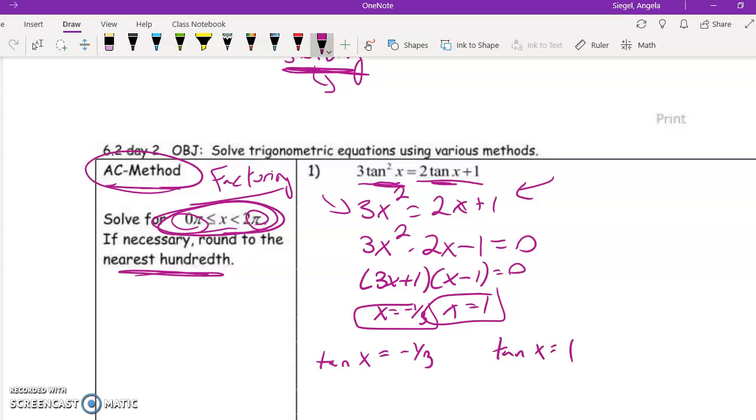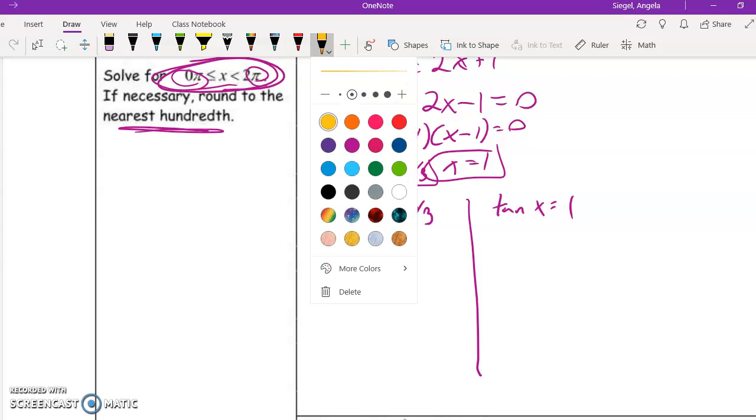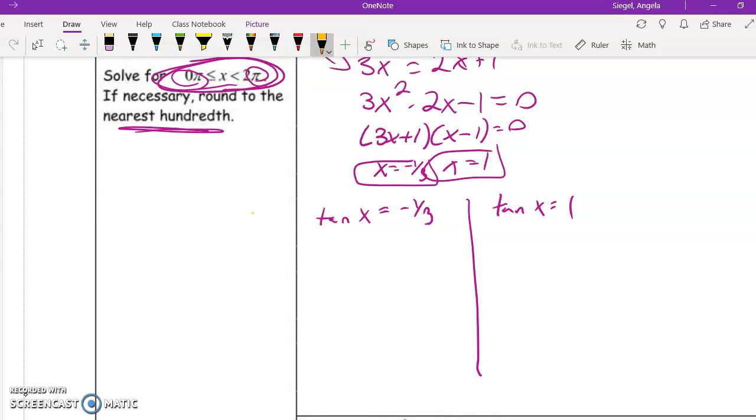Then I'm going to go ahead and solve for it. Remember yesterday we talked about this: to get rid of this tangent, to get the x by itself, I'm going to multiply by the tangent inverse.